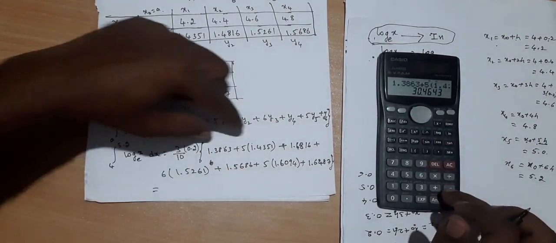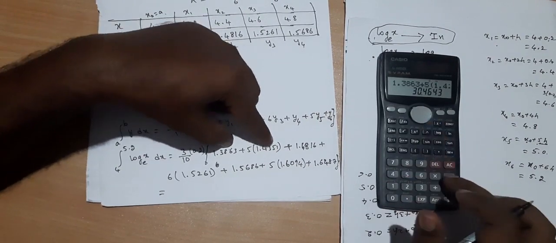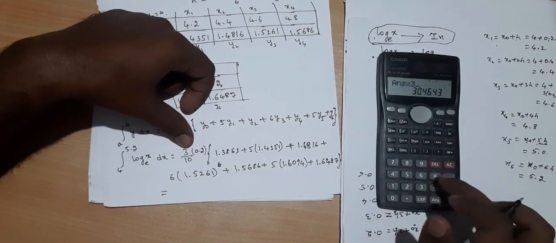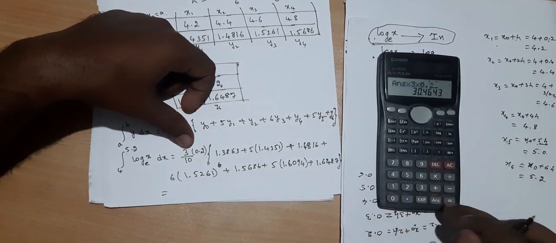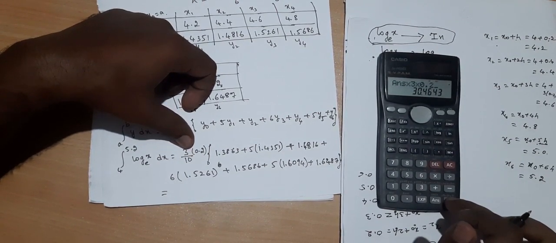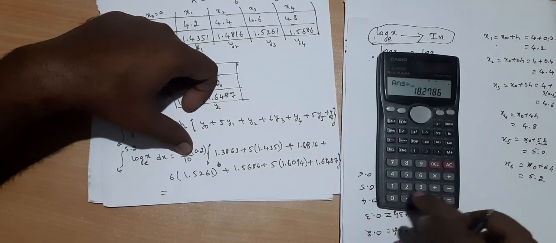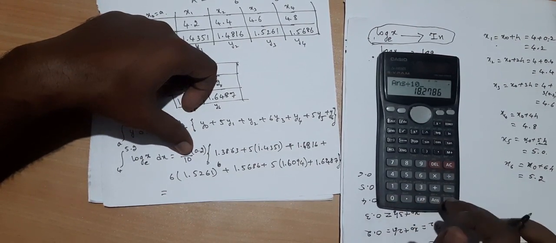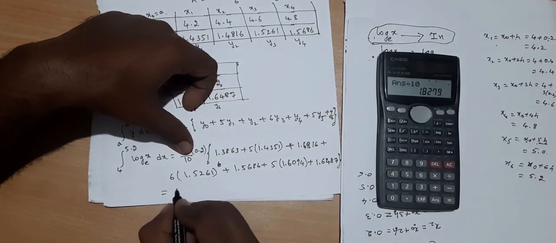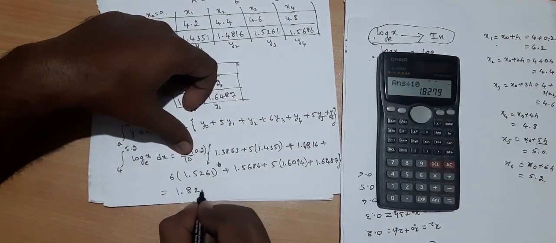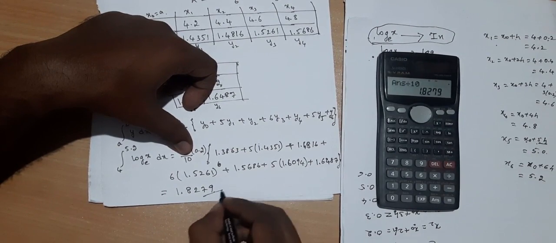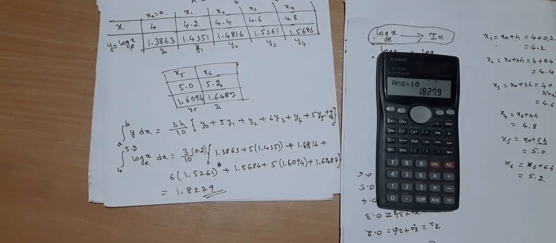So this much is 30.464 into 3 into 0.2. Whatever you get, divided by 10. So how much do you get? It is 1.8279. This is the required solution.